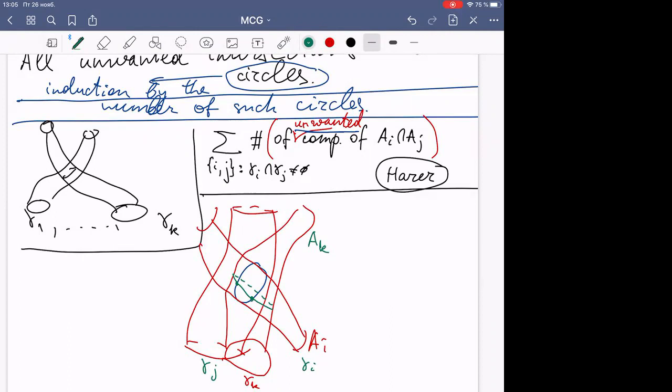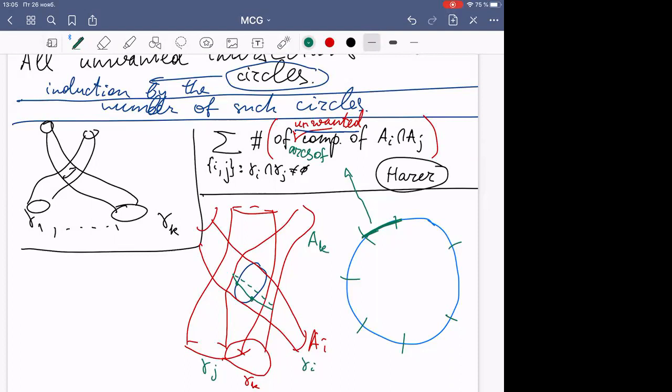So as a result, any unwanted circle is decomposed by other unwanted circles into some arcs. Sometimes it is not decomposed, but sometimes it is. So as far as I understand, the correct complexity is the number of arcs of unwanted components. So for any unwanted component we count as many times as the number of arcs is.